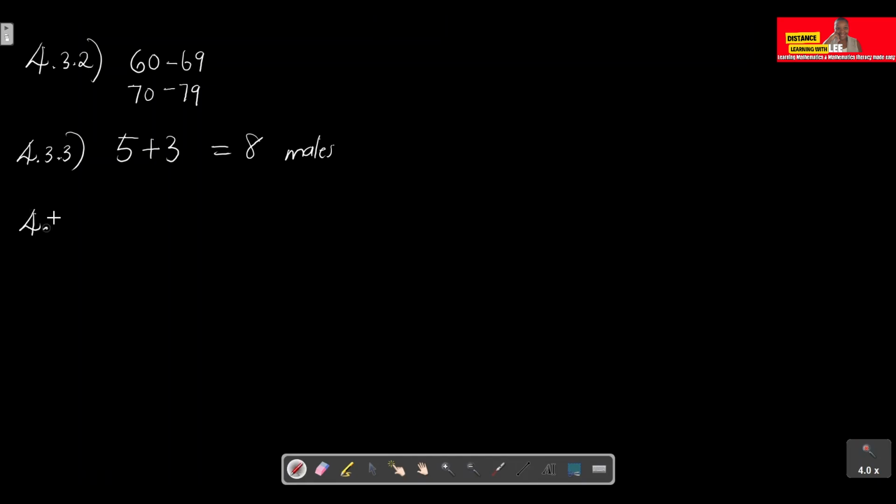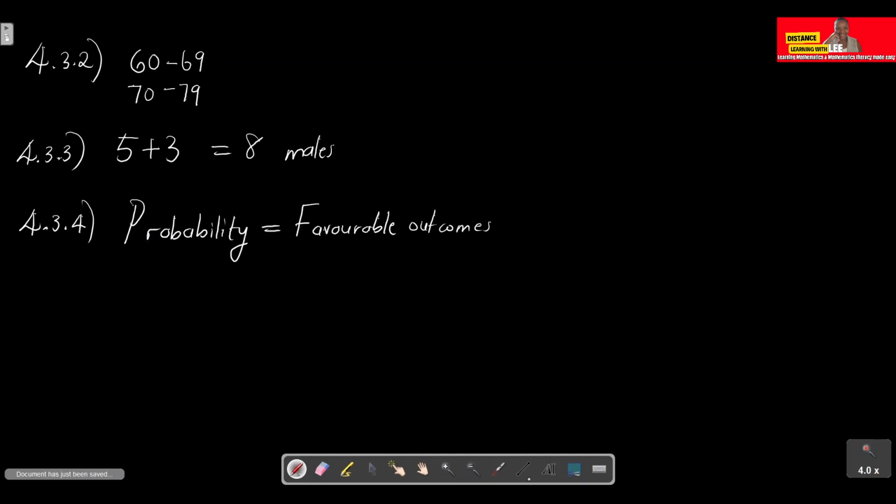All right, and your questions will tell you what the favorable outcomes are, the outcomes that you want. So we know that probability is equal to favorable outcomes divided by total outcomes. Okay, so what are the favorable outcomes? Remember, they said as a percentage, so we're going to multiply it by 100.